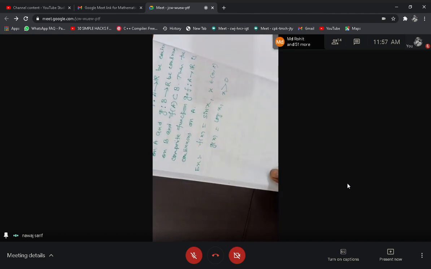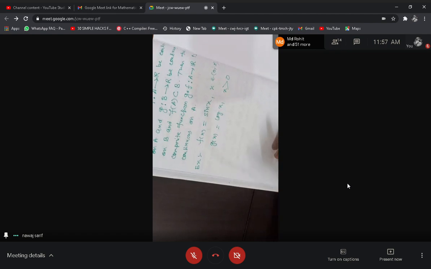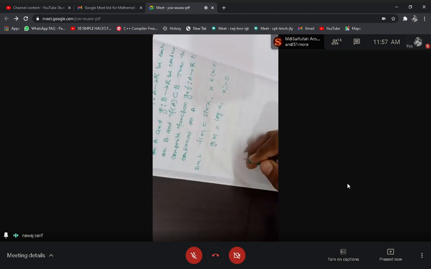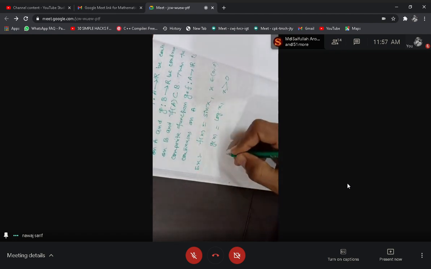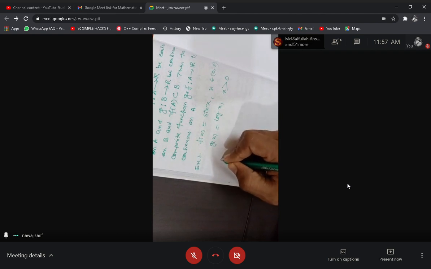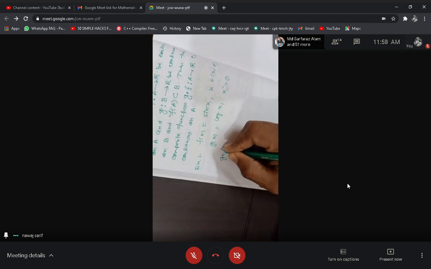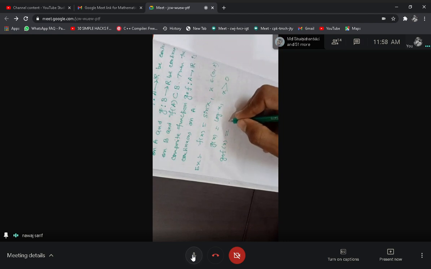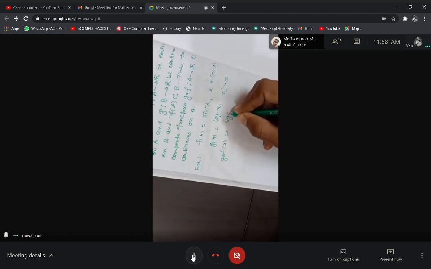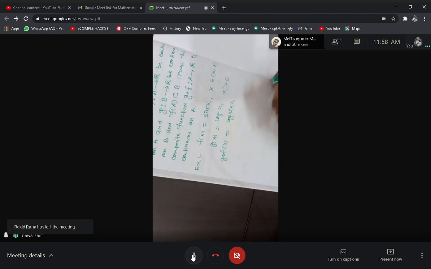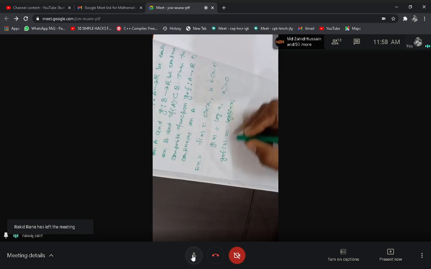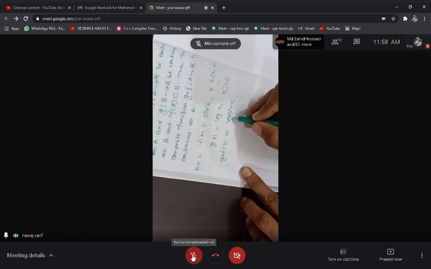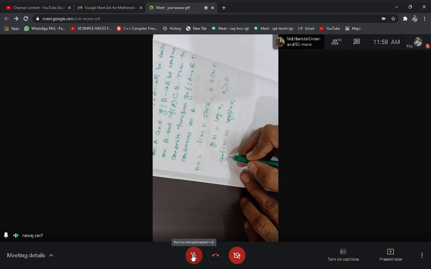Then what is the composition of this function? What is g of f(x)? Log of sin x. So log of sin x is a composite function.